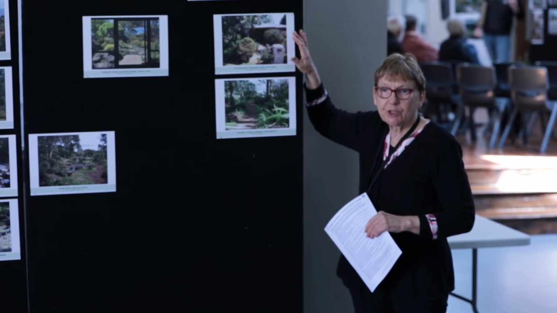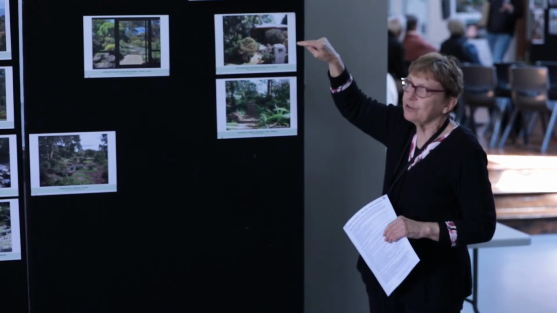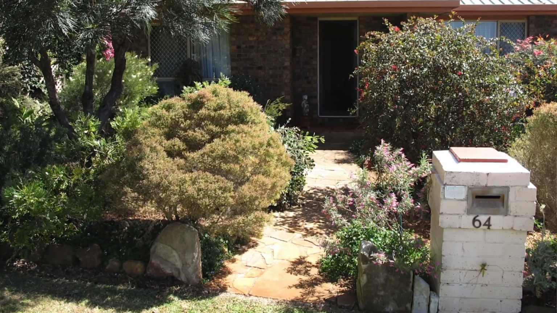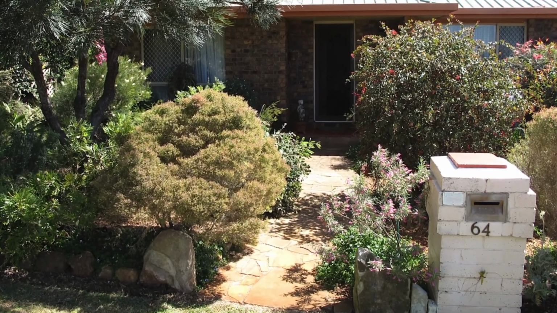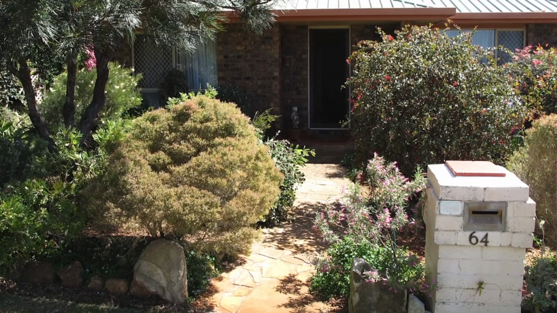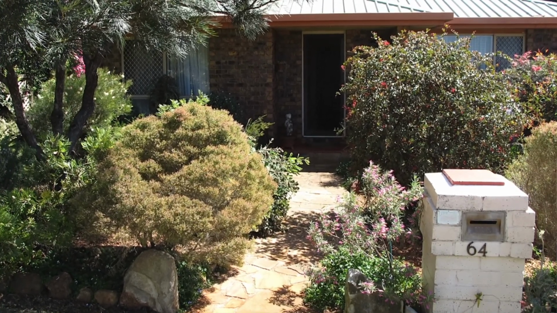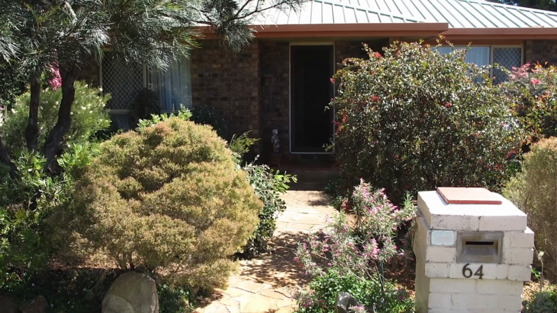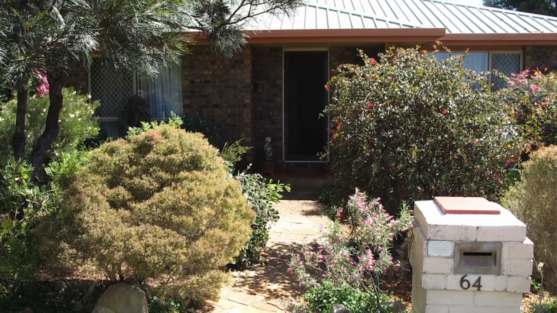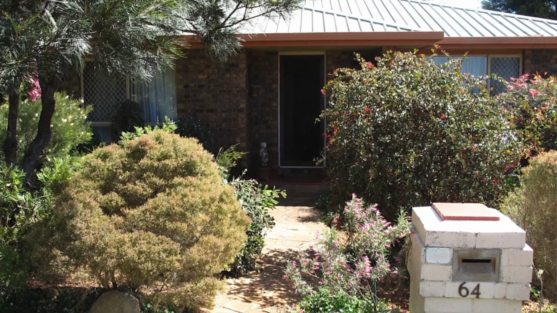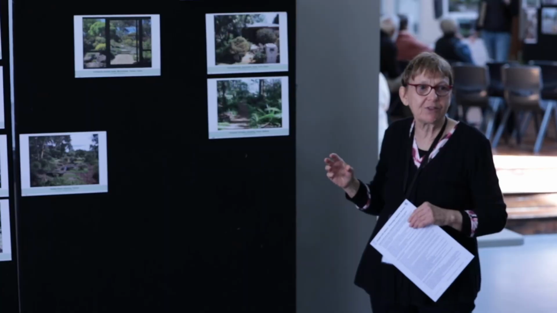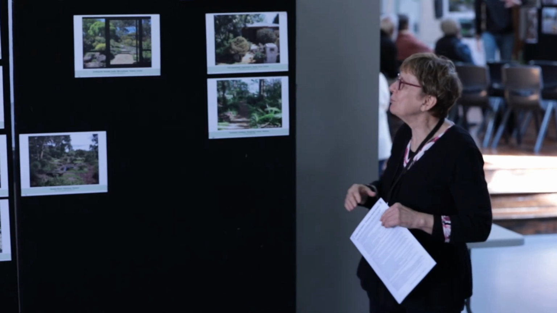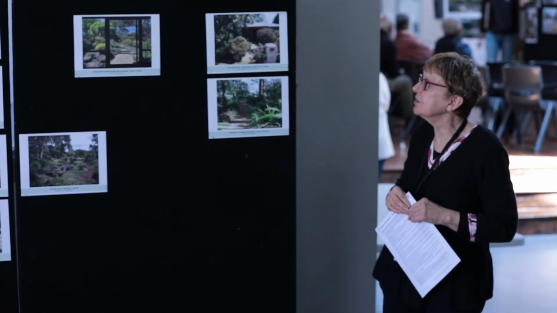Normally they're those border gardens, and this is an alternative to a normal border garden. This approach to the front of the house appears fairly straight to me, but it's been softened by the use of ground covering plants so that the hard edge of that straight path is now appearing a lot more curvy and a lot more inviting.